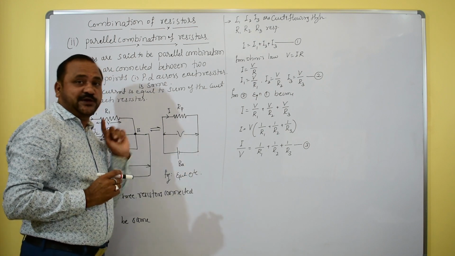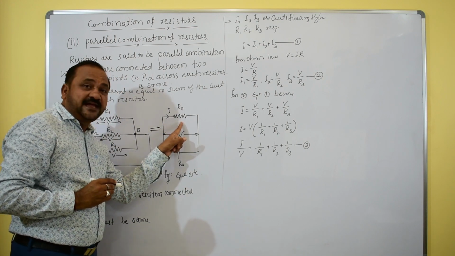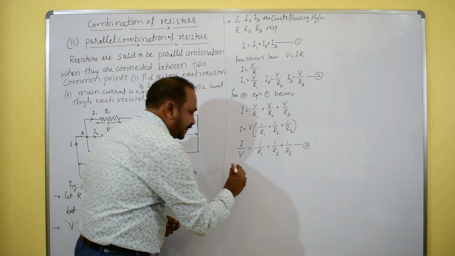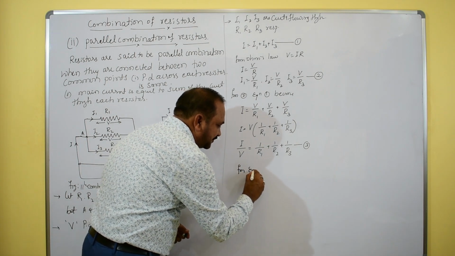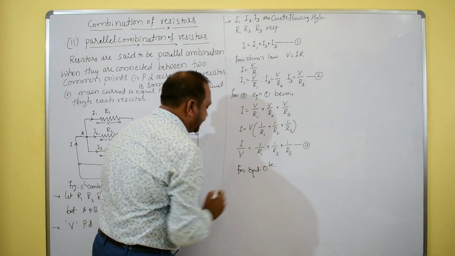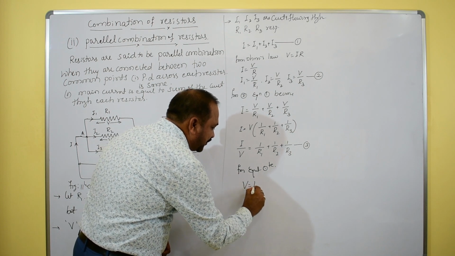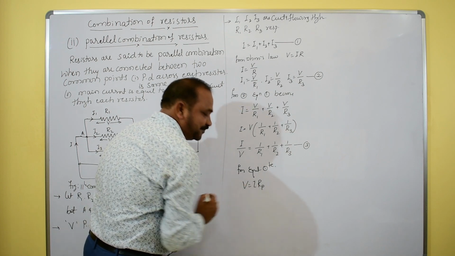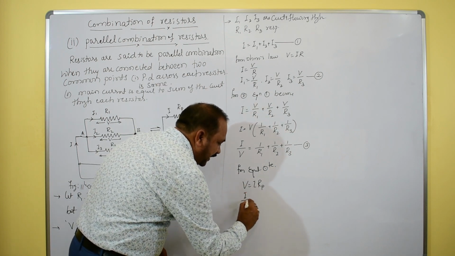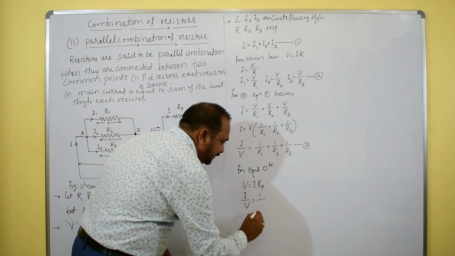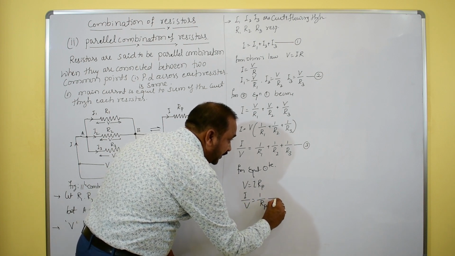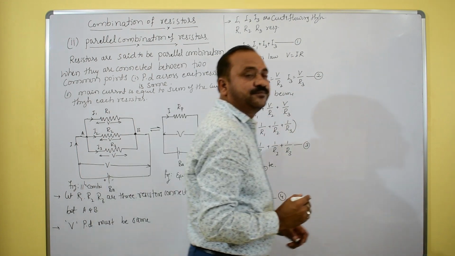This is the equivalent circuit. So from the equivalent circuit, V equals I into Rp. So I by V equals 1 by Rp. We call that equation number 4.